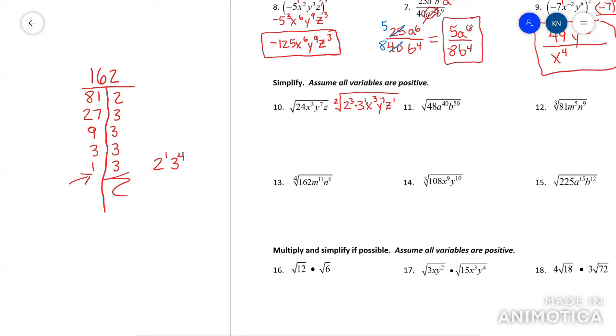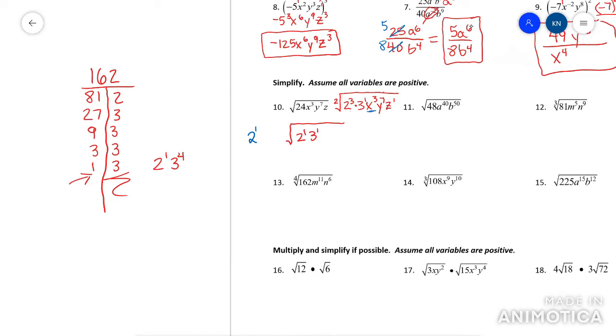And you can only do that if you have at least 2 of them. You have to take them out in groups of 2. So you're sitting there with three 2s. It means you have one group of 2 that you could have taken out. And there would still be 1 left over in the root. Look at the 3s. You do not have a group of 2 that you can take out, so it stays.